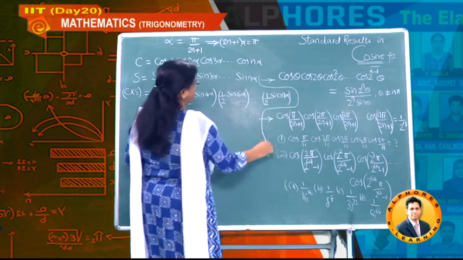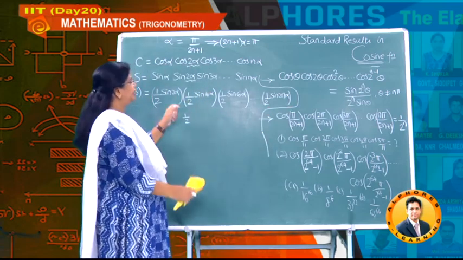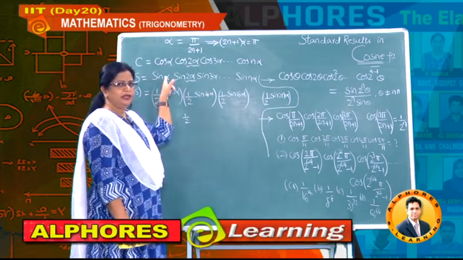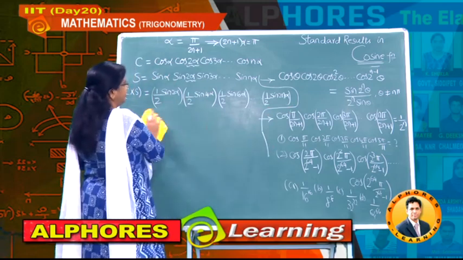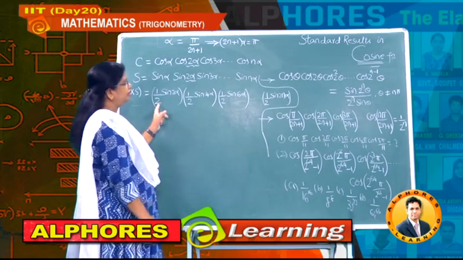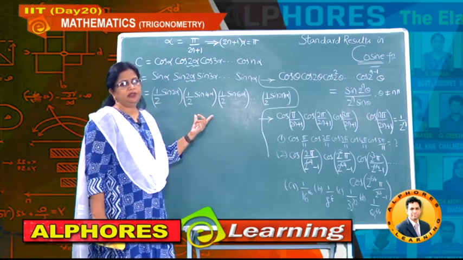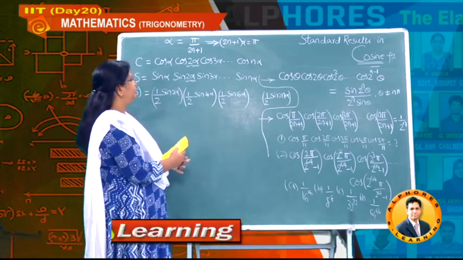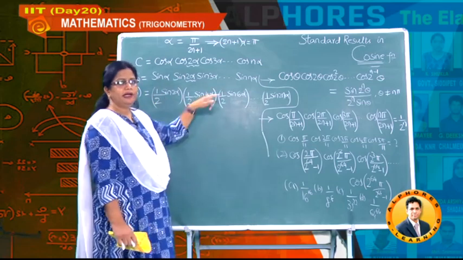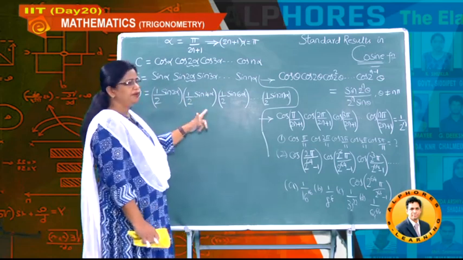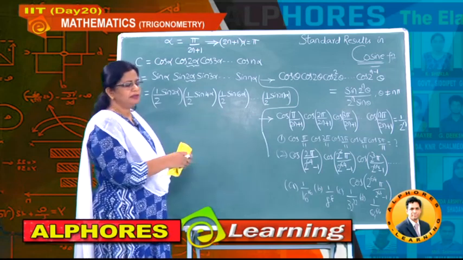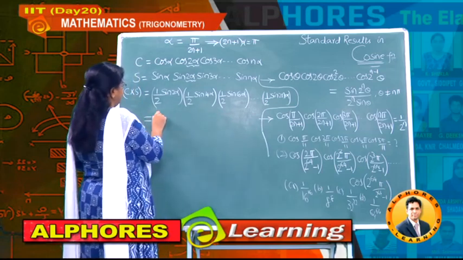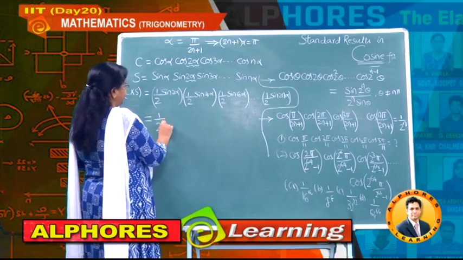Once you got this multiplication, we have used the formula sin a cos a is nothing but half sin 2a. After this observe, students, how many half values you got in the product. This is a product, altogether n terms are there, therefore you got 1 by 2 into etc. n values, and hence it is nothing but 1 by 2 to the power of n.